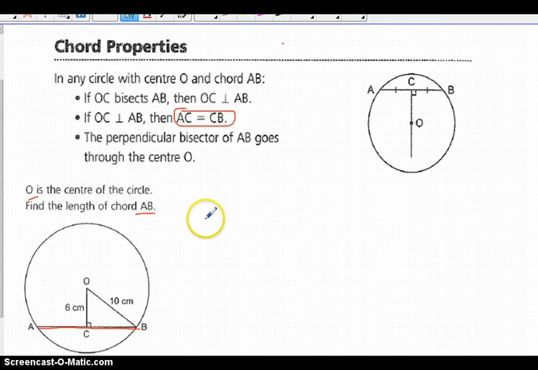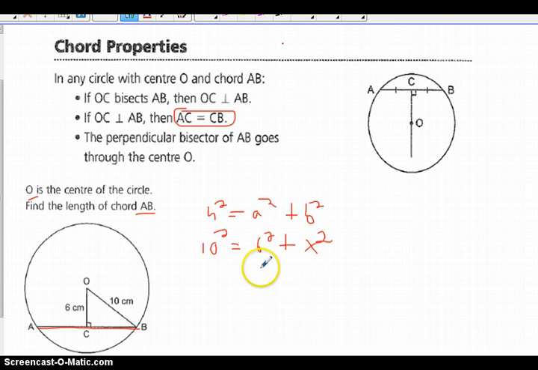To do that we use Pythagoras' theorem, h squared equals a squared plus b squared. Excuse my writing, it's hard to do this with the mouse. We know our hypotenuse is 10 squared, equal to 6 squared plus our unknown, which I'll call x squared.